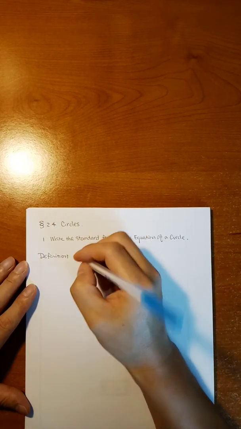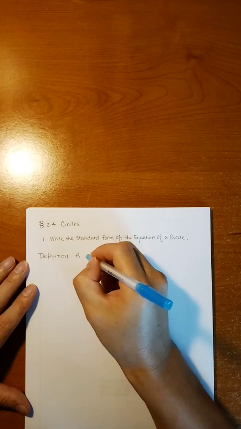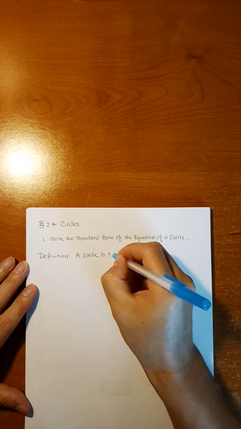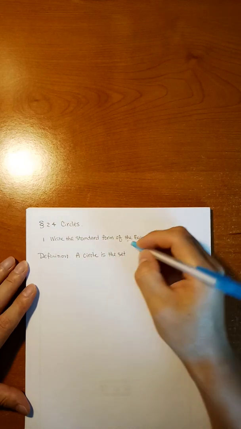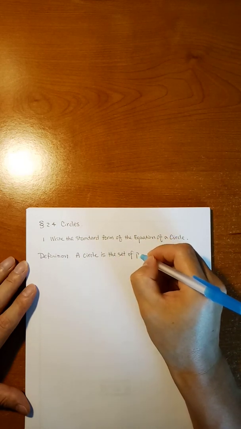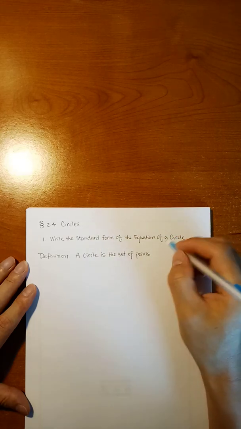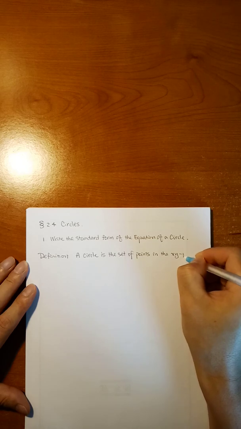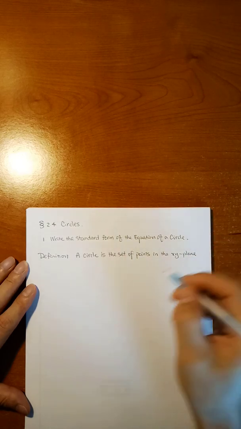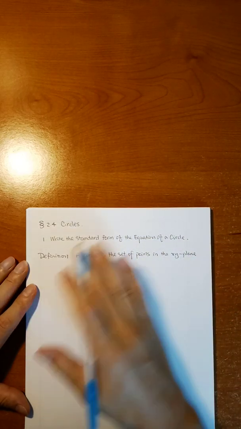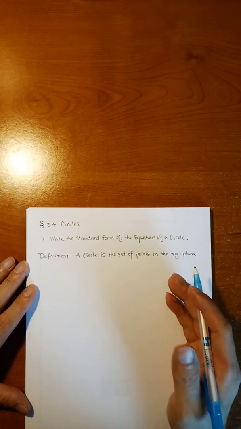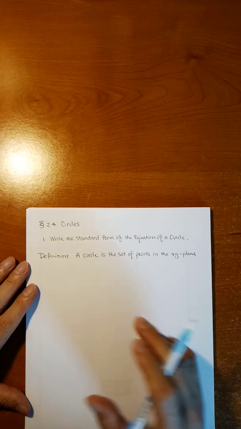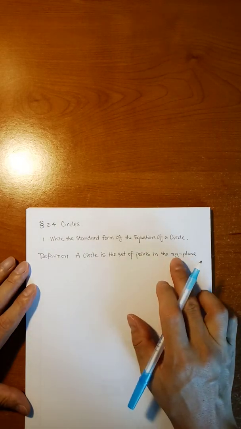A circle is a set of points in the xy plane. Okay, so a circle can be placed in whatever plane, but because we're going to use xy to write down the equation of the circle, so we place it in the xy plane.